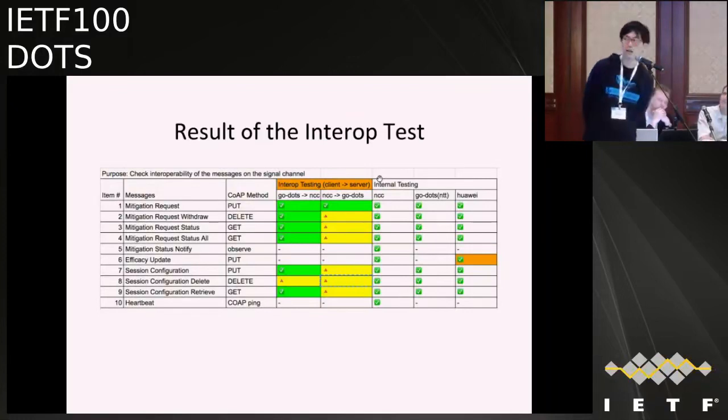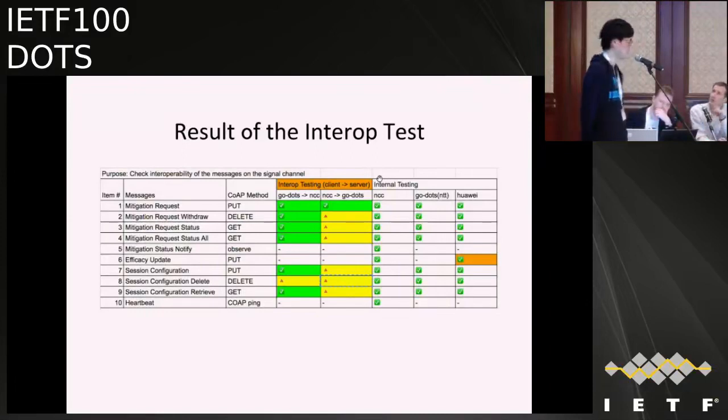Okay. Then the yellow box includes not-tested patterns, and also tested-but-failed patterns. Sorry, they are put together in the yellow box.